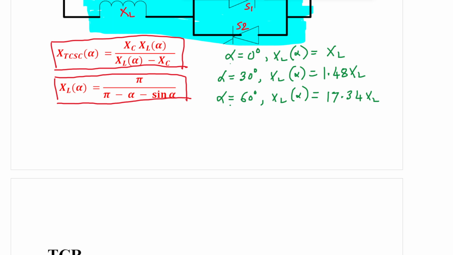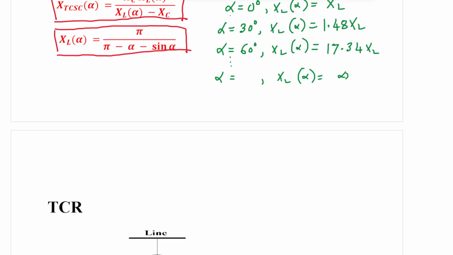Now if you do like that, one point will come at some angle that XL will be a very large value. We say that one as infinity. Now if you further increase your alpha, then this XL alpha will become a negative value.